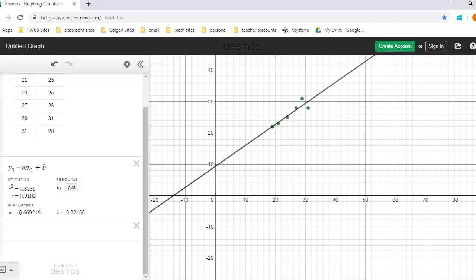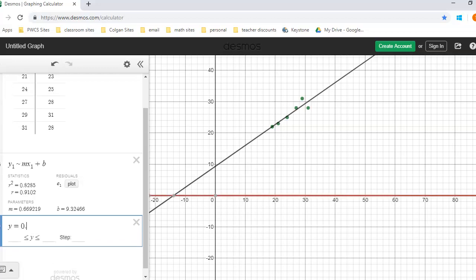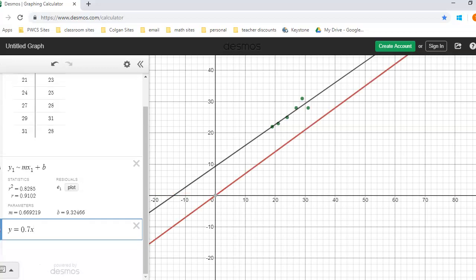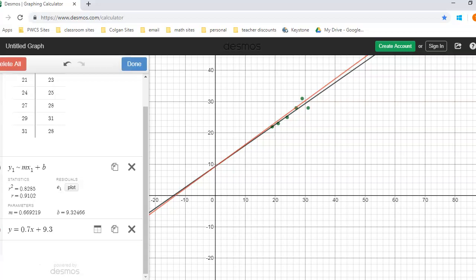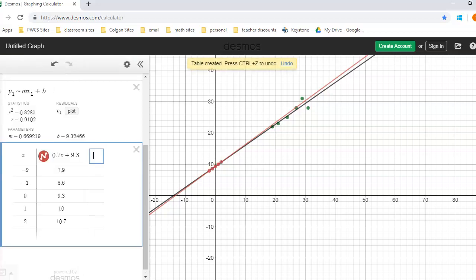Yes, so on Desmos, in another empty space, first put your equation that we just wrote down, y equals 0.7x plus 9.3. And then go into your settings. Next to that equation is a table.